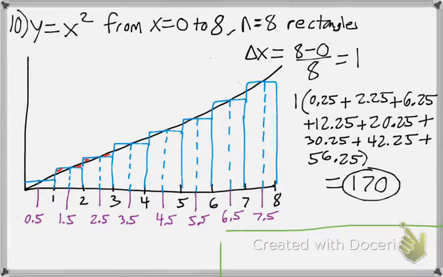We have an underestimate there and we have an overestimate here. So the midpoint is definitely the best, and the more rectangles you can get, the smaller that error is going to be. So of all those problems that we've done with x squared, this 170 is our best estimate so far. So that's definitely cool.